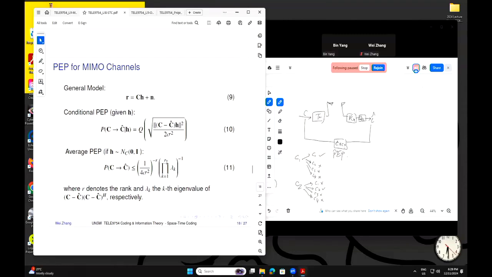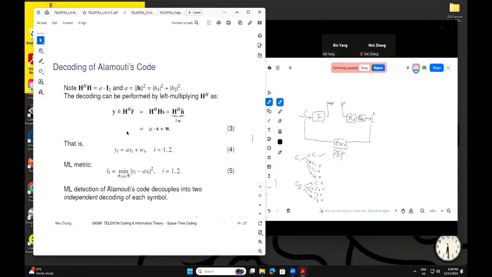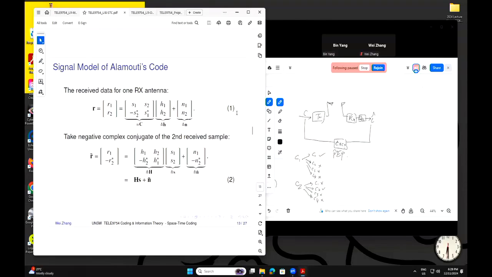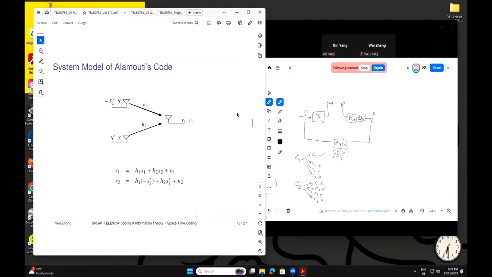You may wonder, how do you get this equation? Okay, so let us say the equation 1 here. You will see how I can get this equation. For example, if you remember, we use the orthogonal code. We send S1, S2 at the same time from 2 antennas, respectively, and then we send minus S2 conjugate, S1 conjugate through 2 antennas, respectively.